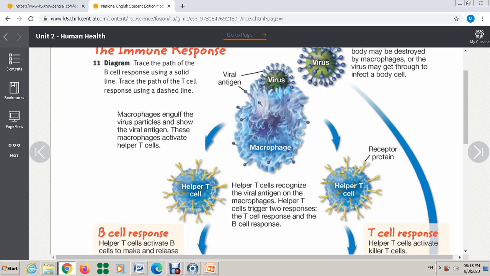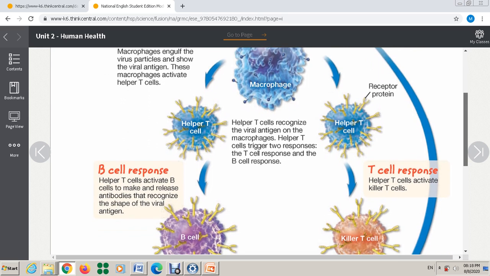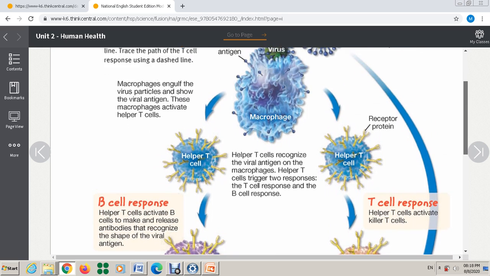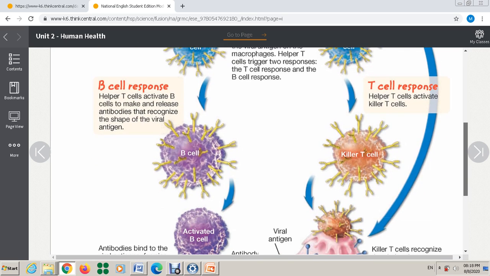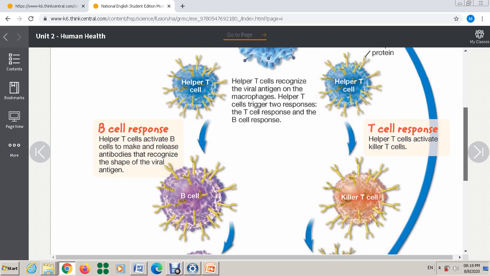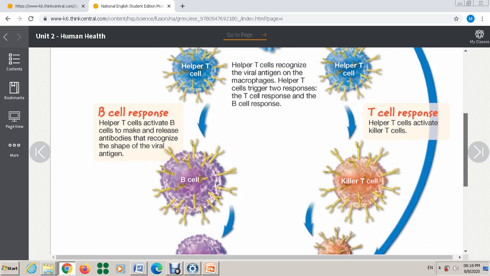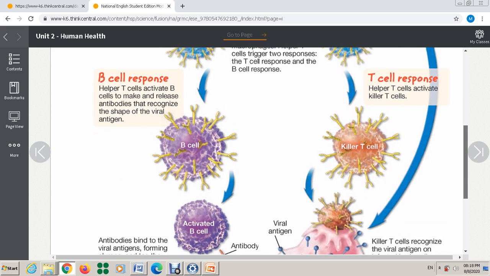The helper T cell triggers two responses: the T cell response and the B cell response. It triggers the killer T cell, and it may activate the B cells. So let's talk about the killer T cell.